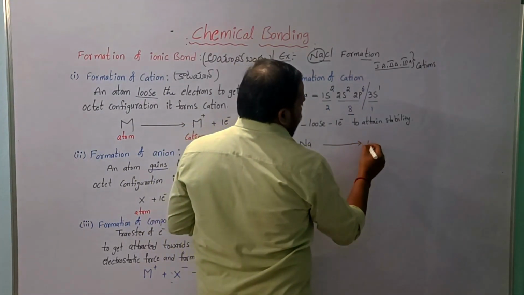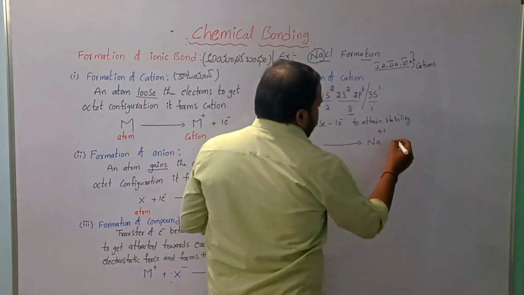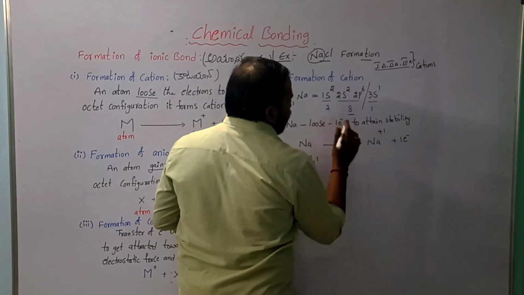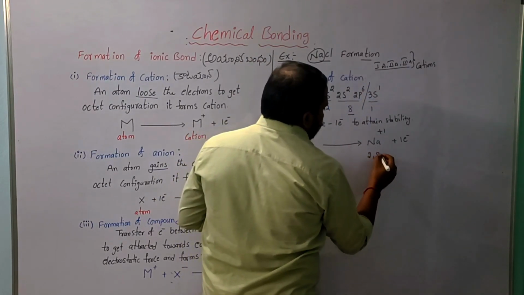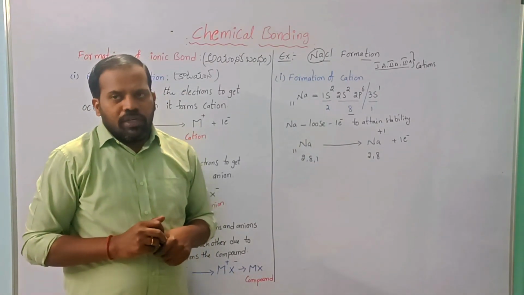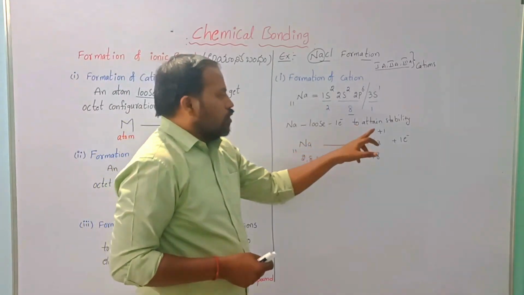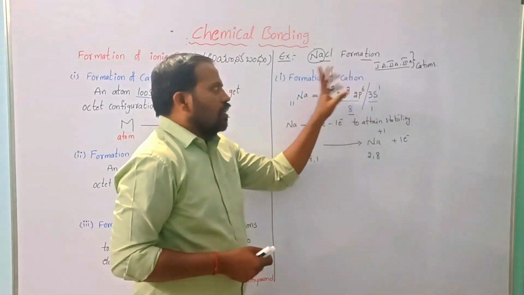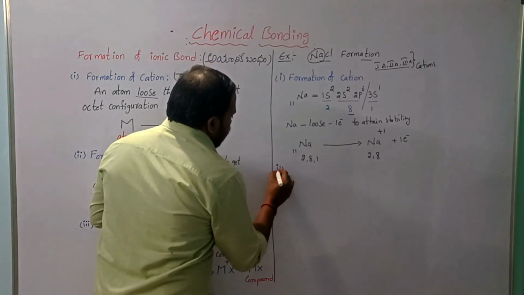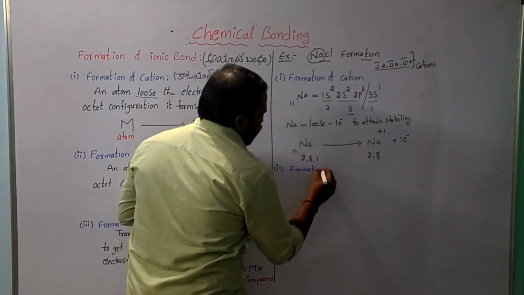It loses 1 electron, so we write Na gives Na plus plus 1 electron. What is the configuration now? 2, 8, which is the neon configuration, so it attains the noble gas configuration. The sodium ion is formed, which we consider a cation. So what is the second step? Formation of anion.